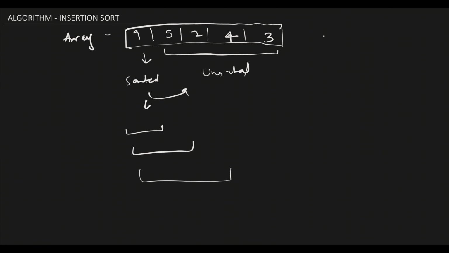We consider the first element as our key or current element in the program, and based on this element we compare with the unsorted part. In every step we consider the element, compare it with the other element, and do the algorithm.